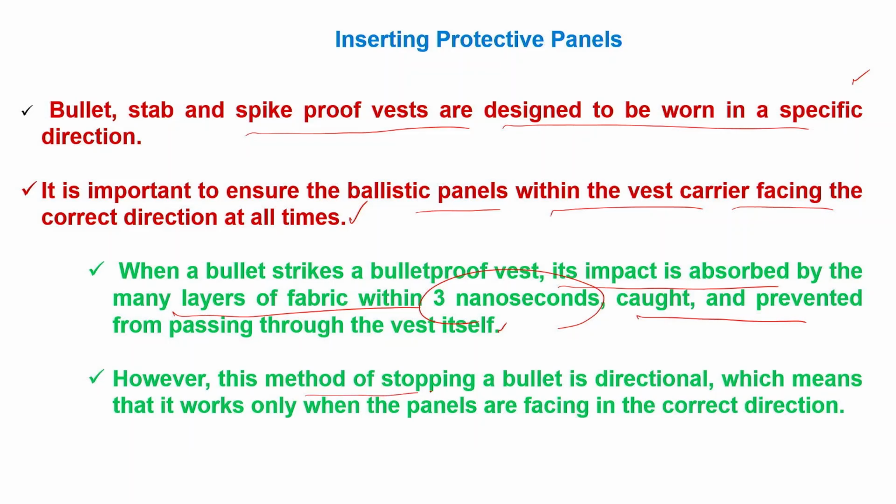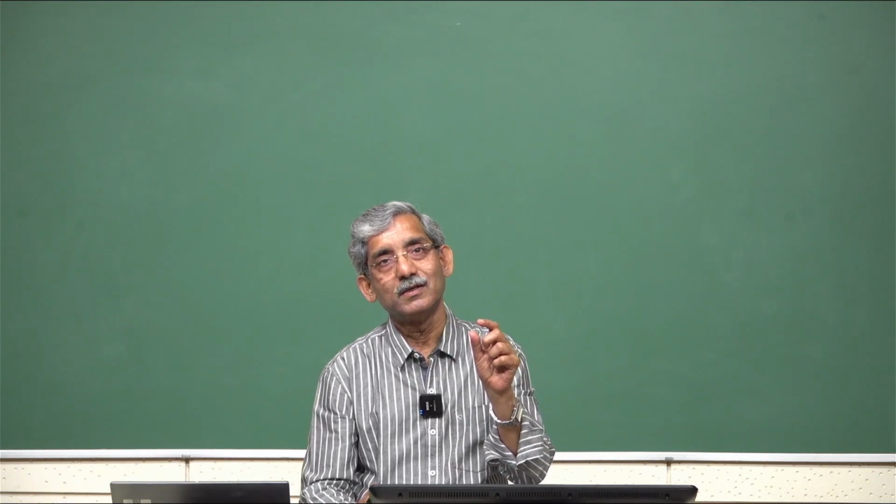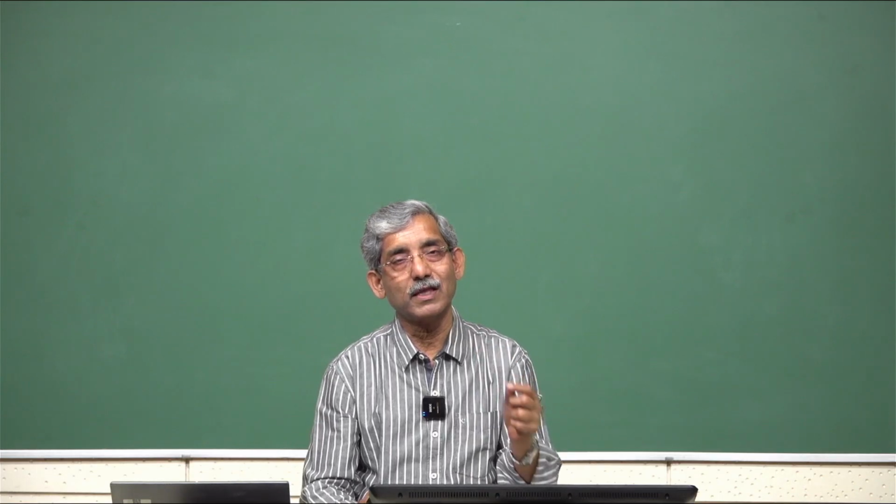However, this method of stopping the bullet is directional, which means that it works only when the panels are facing the correct direction. We have to stop the bullet within 3 nanoseconds by the panel, and the panel is designed in such a fashion that it will stop it in that direction.